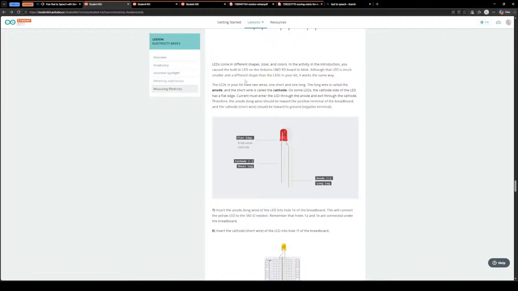The LEDs in your kit have two wires, one short and one long. The long wire is called the anode, and the short wire is called the cathode. On some LEDs, the cathode side of the LED has a flat edge. Current must enter the LED through the anode and exit through the cathode. Therefore, the anode should be toward the positive terminal of the breadboard, and the cathode should be toward ground.